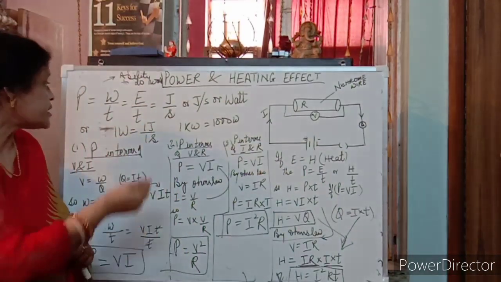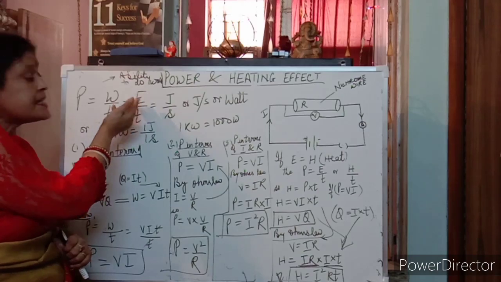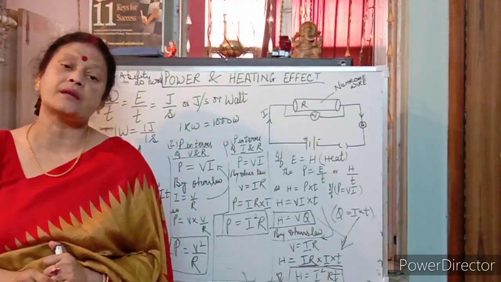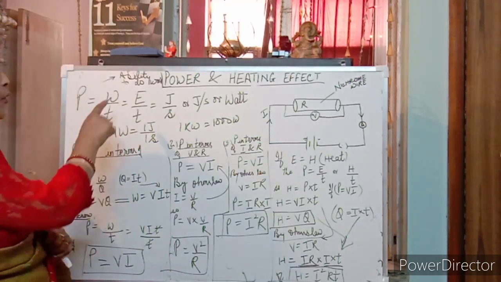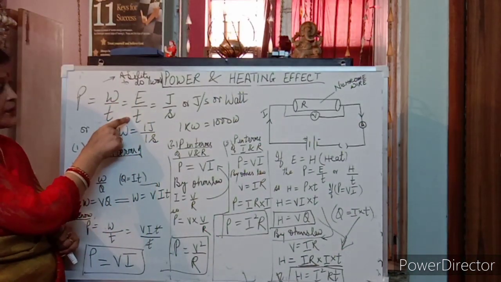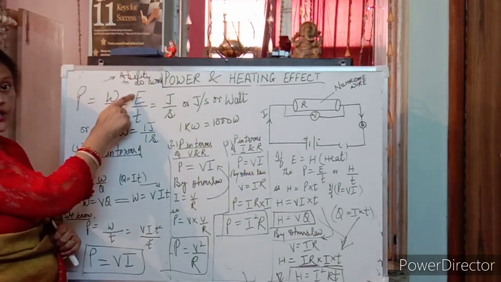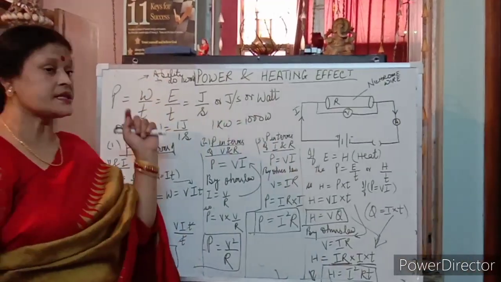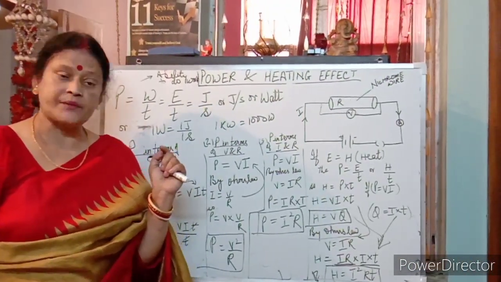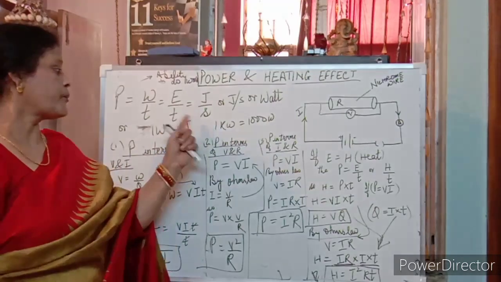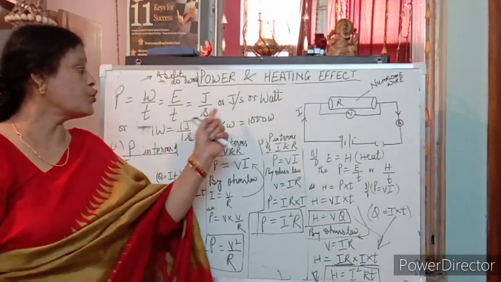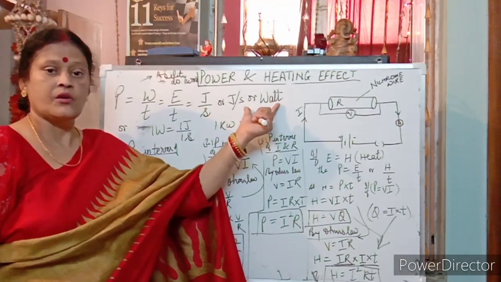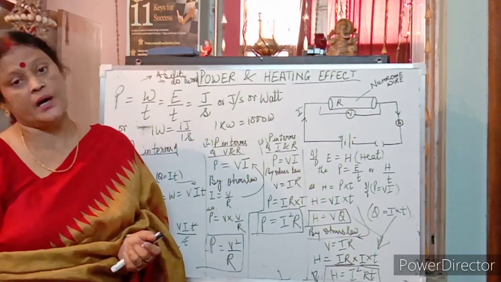So the ability to do electrical work, or the energy consumed in 1 second or in unit time, is E upon T. We'll represent the electrical energy consumed by E and small t. Now, what is the unit of work or energy? That means joule. Joule upon time, second. Joule per second, or in one word, watt. Watt is the unit of power.